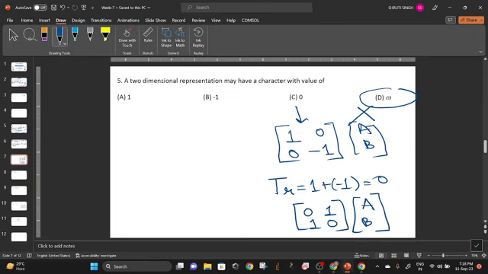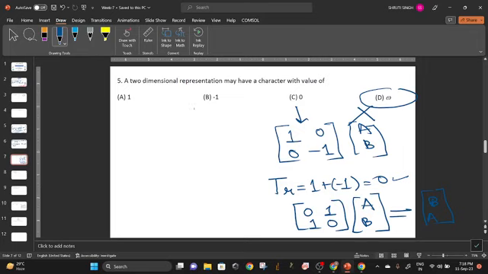Now in this case also the trace will be 0, but what is happening here is that after applying this operation, whatever operation this matrix is related with, A changes to B and B changes to A. So the resultant will be BA. Okay. So this also is a possibility, and here also the trace is 0. So 0 is possible for a two-dimensional representation, but we saw in one-dimensional it is not possible.